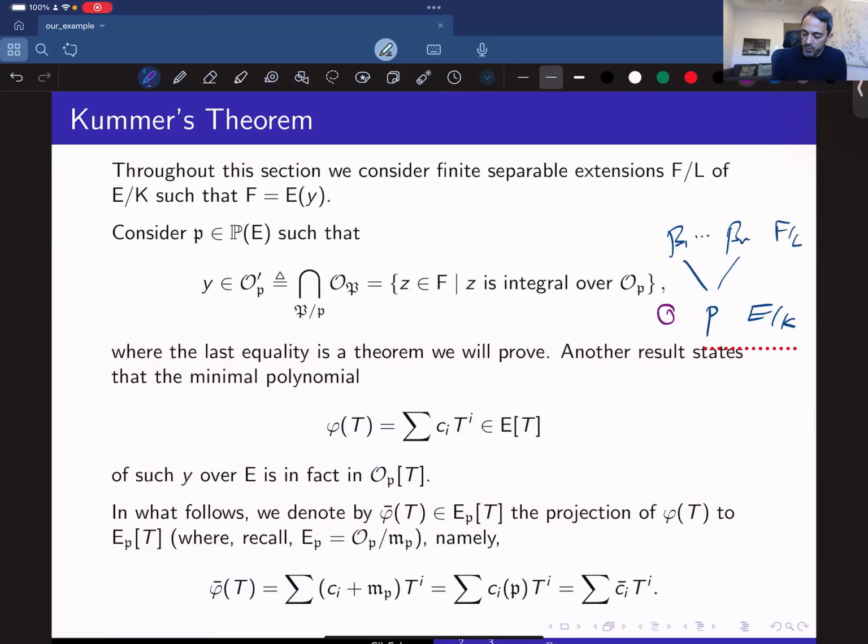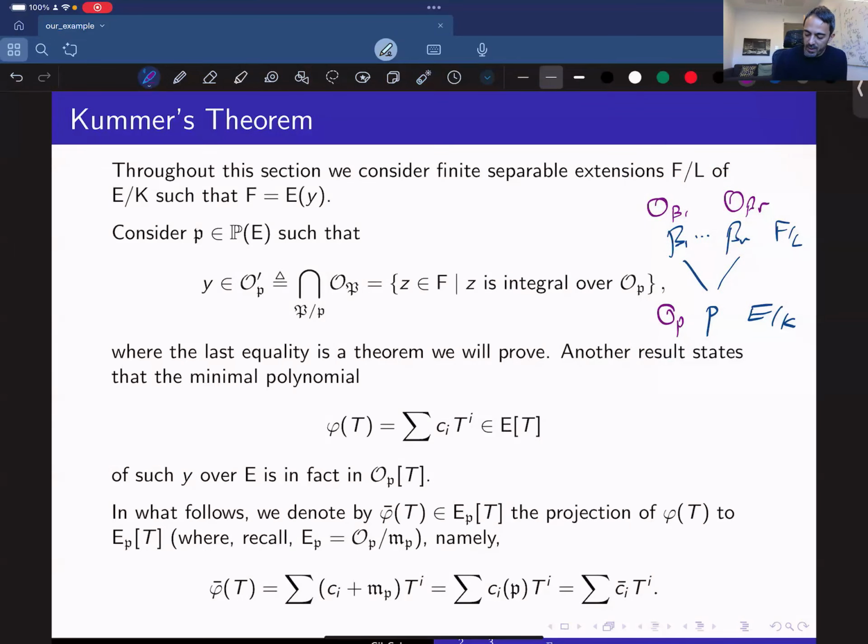Now with each of them, right, so this is O_p, with each of them you have a valuation ring associated to it. And what I'm saying here is that I'm looking at the intersection of these valuation rings. Note that it contains O_p, by the way, right?